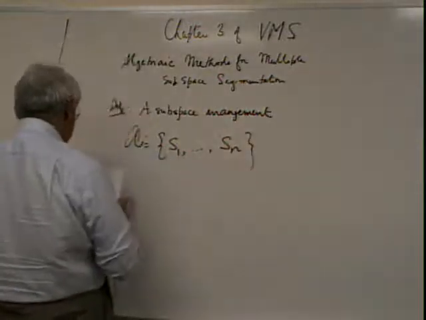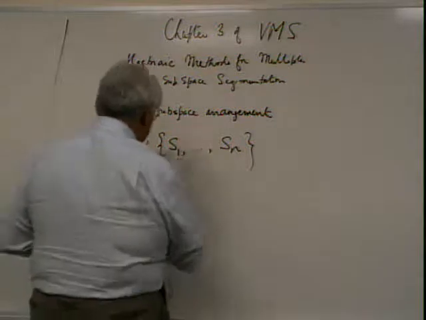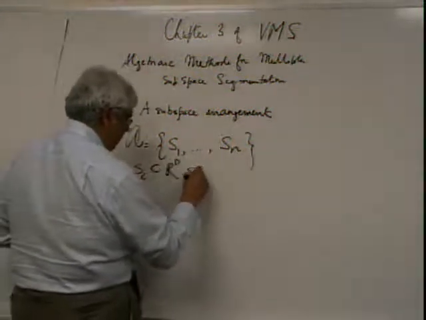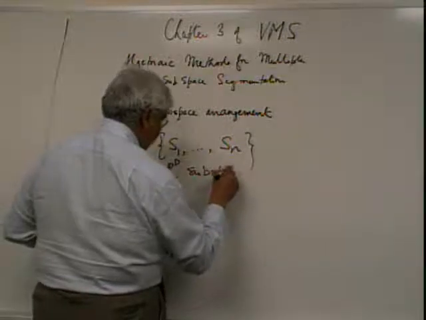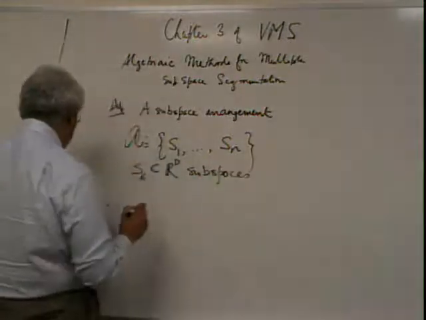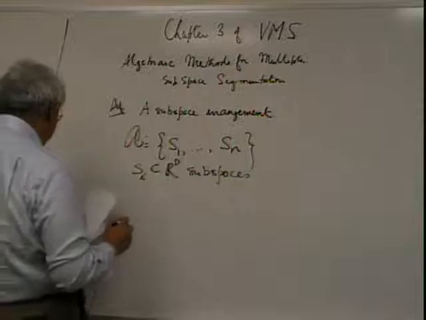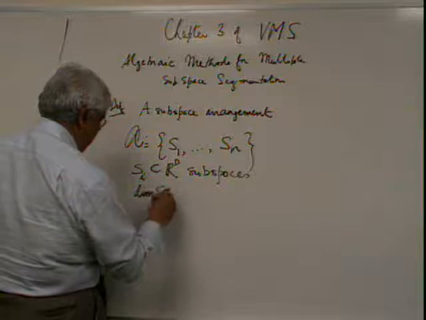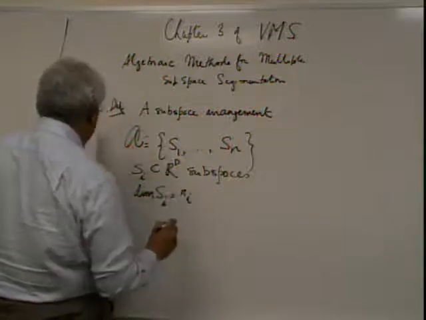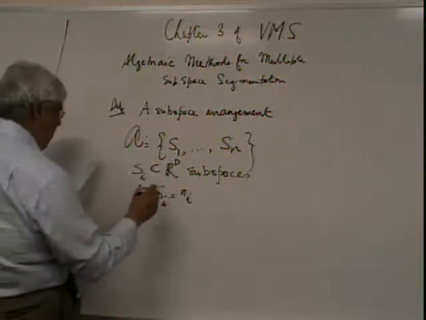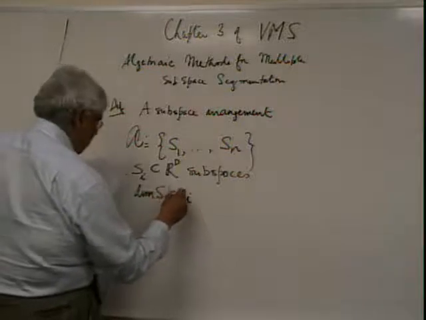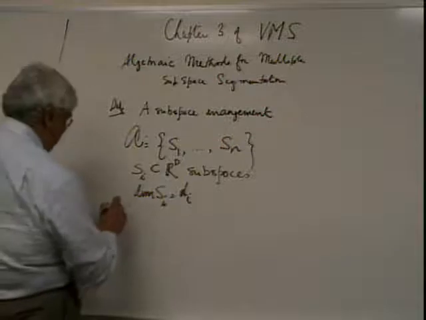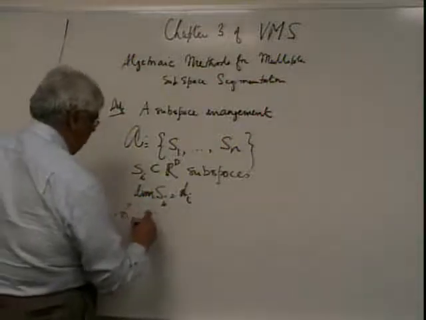It is a collection of subspaces in R^D. The S_i's, subsets of R^D, are subspaces, and the dimension of S_i equals d_i, little d_i, and Z_A is the union of these subspaces, S_1, S_2, ..., S_n.